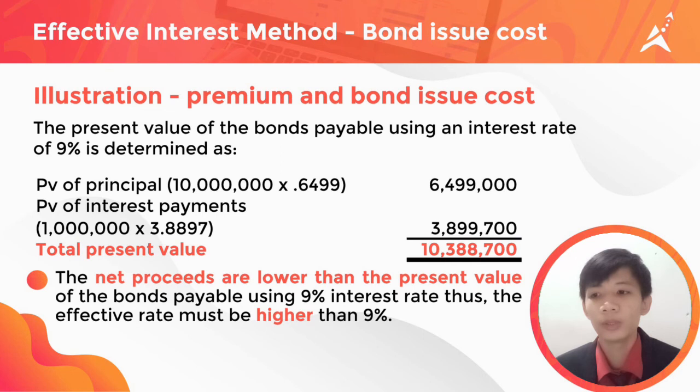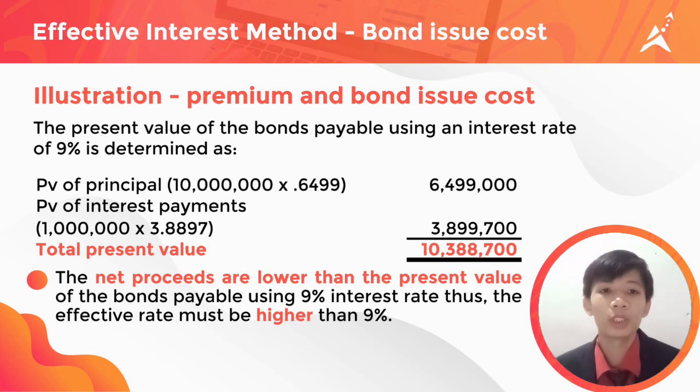We add the two values, and we get the total present value of bonds payable at 10,388,700. And since the net proceeds of 10,300,000 is lower than the present value we computed using the 9% interest rate, the effective rate must be higher than 9%.